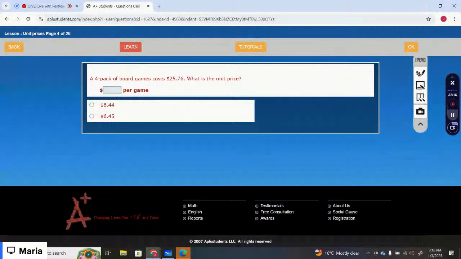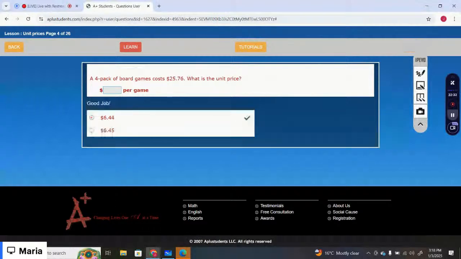So that means the price of one item is 6.44. Option number 1 is the correct option. That is $6.44.